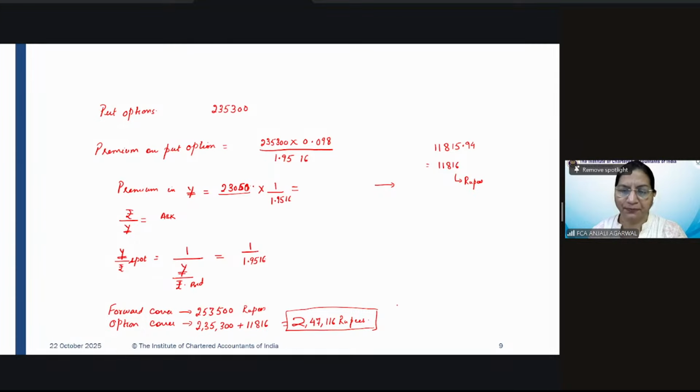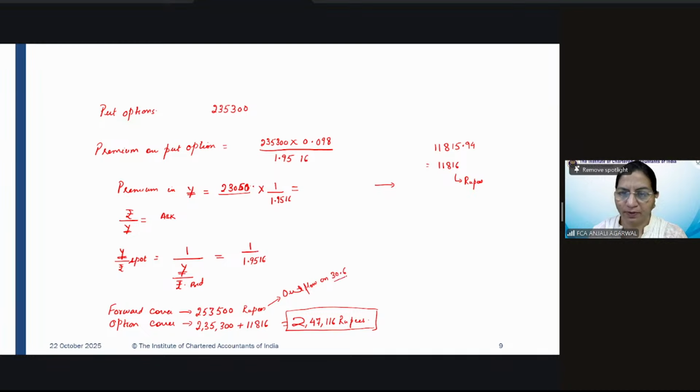option contract. Now, there are 2, 3 more aspects which need to be discussed with this question. Number one, is this a precise answer? No, because there is one problem in this answer. This 253,500 is going to be an outflow on 30th June, right?